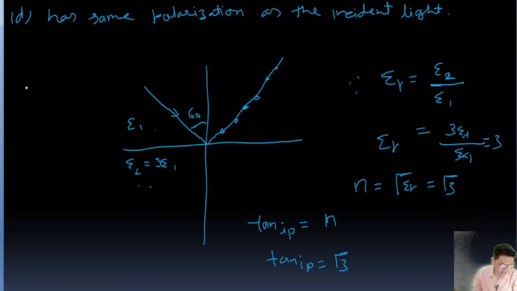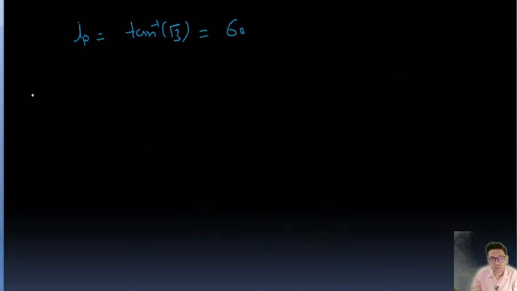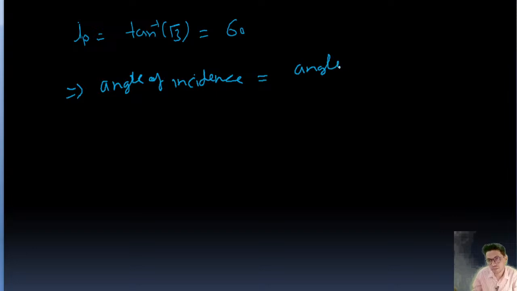Now here you can see the angle of incidence is 60 degrees, and the angle of polarization is 60 degrees. So from here you can see the angle of incidence equals the angle of polarization.